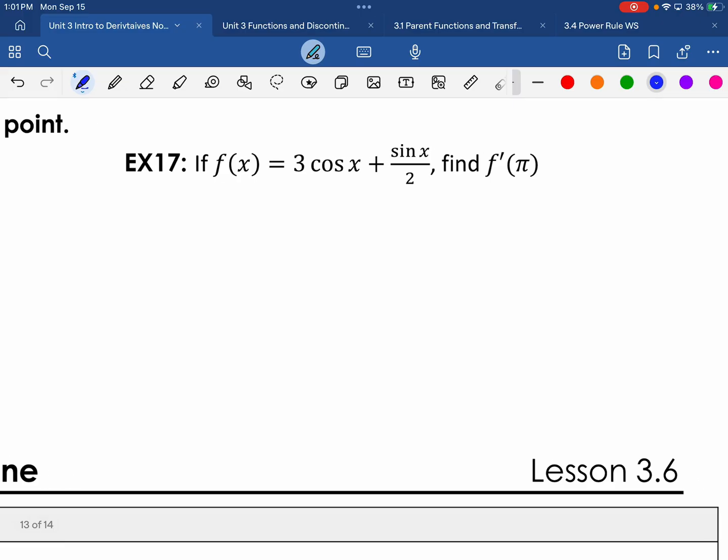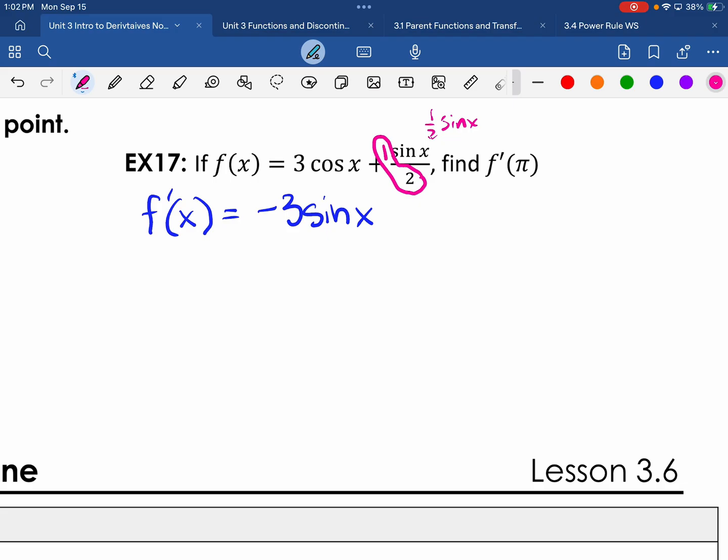And then my last one, which is trig. First I'm going to take the derivative. What is the derivative of 3 cosine x? Negative 3 sine x. Now with the sine, this 2 here is a coefficient. It's like saying 1/2 sine x. Does that make sense?